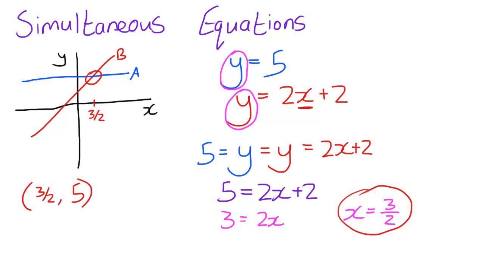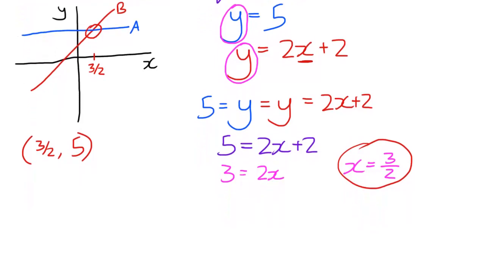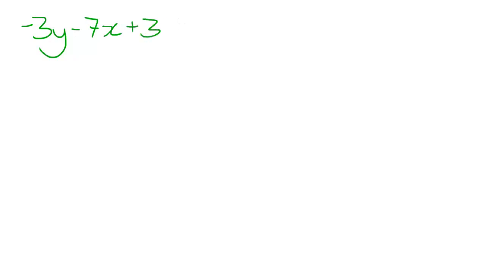So let's try it with a more difficult one. I think you can handle a bit of a more difficult one. So let's say that I have the line minus 3y minus 7x plus 3 is equal to 0, and I have another line, y plus 4x is equal to 9.